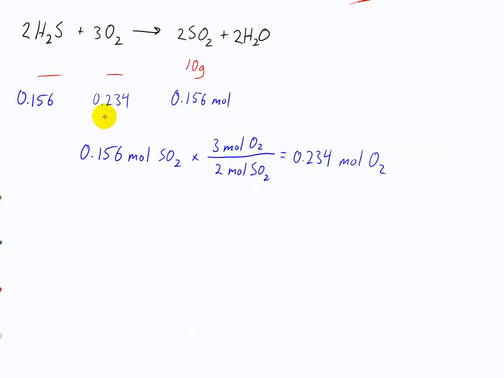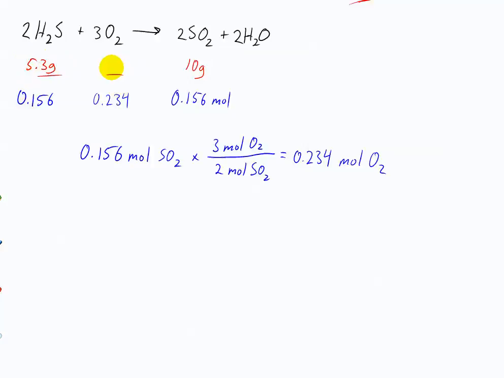So now we've used those equivalents to find out the amount of moles we need for each. And then to figure out grams, we go back and multiply by the molar masses of H2S and O2. So if you multiply this by molar mass of H2S, which is 34, 32 plus 1 plus 1, what do you get? What is it? 5.3.